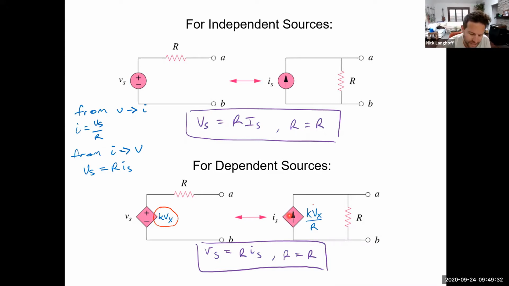The value of the dependent source would be KVX divided by R. Right? So if this was like 4 Vx, then this whole thing would be 4 Vx over R, like that. Okay? So that's how you do it for dependent sources.